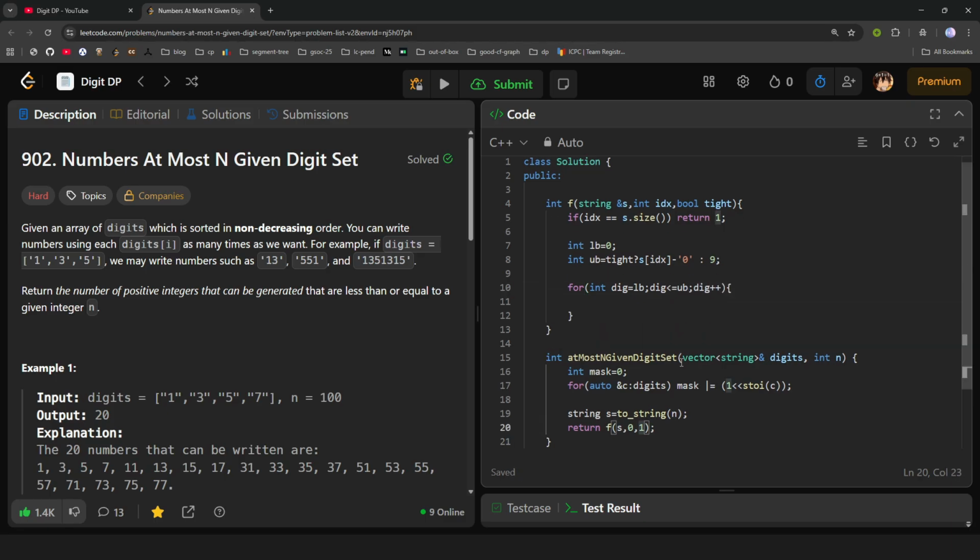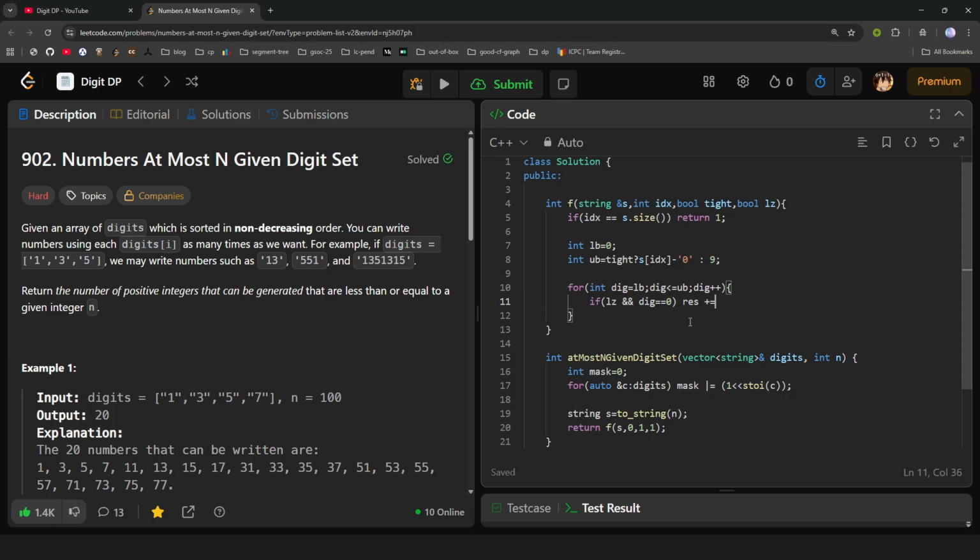So now we know what we used to do. We should keep track of the leading 0 as well now. So initially the value of leading 0 will be true, right? So this LZ will be true initially, and now we will simply check if the leading 0 was true till now and the current digit that we have selected is 0. If this is the case, then it means that we want to explore other possibilities, that is, integers less than n.